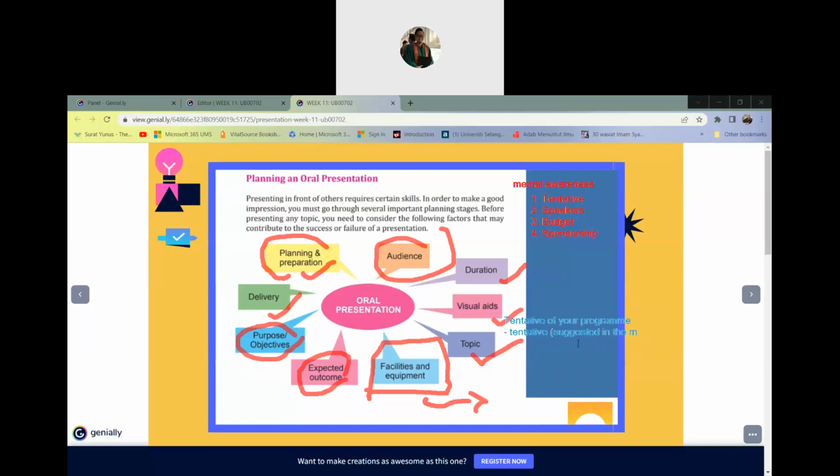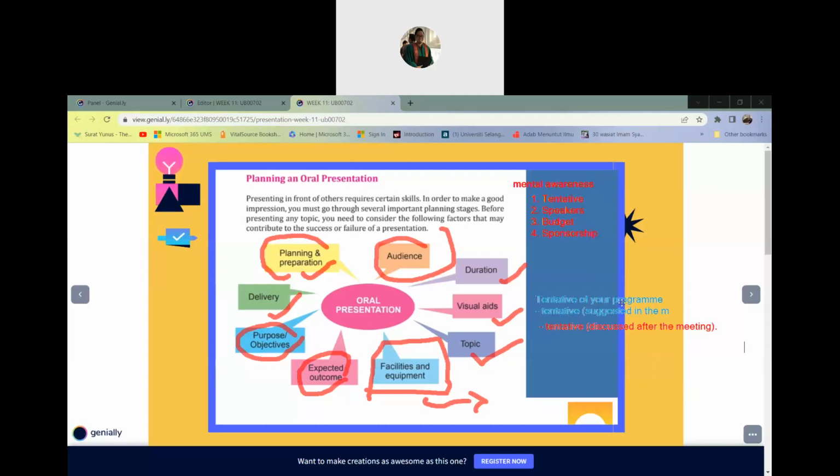Suggested in the meeting, and then you have the tentative discussed after the meeting. So you can talk about this too. Actually, there are lots of things about the tentative.